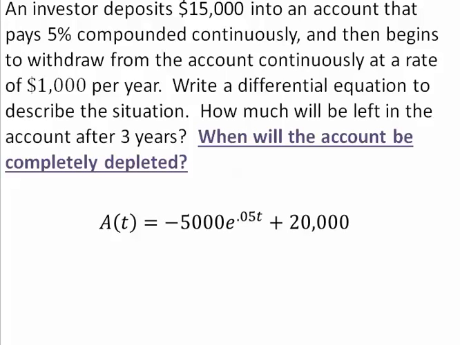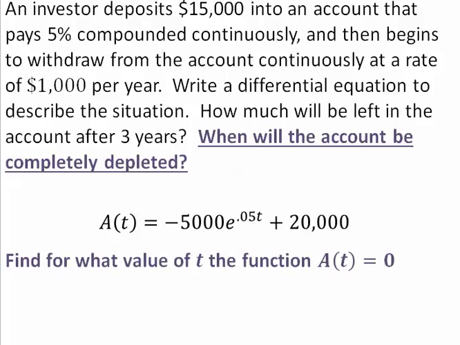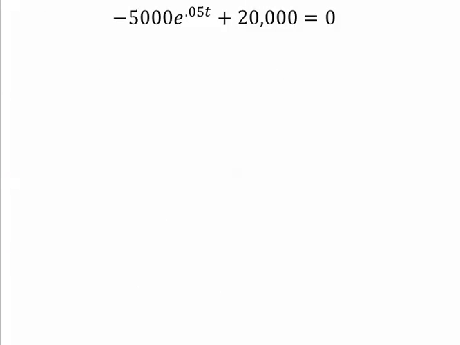When will the account be completely depleted? We're looking for what value of t the function equals 0. So I set the function equal to 0 and solve for t. Subtract 20,000 from both sides.